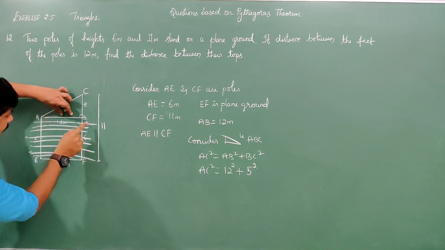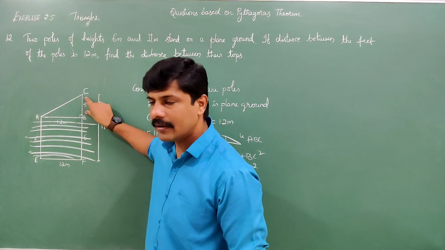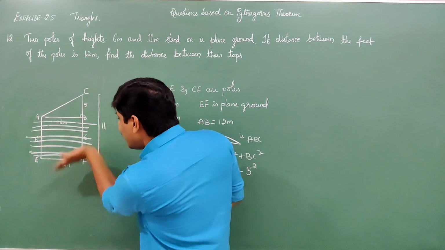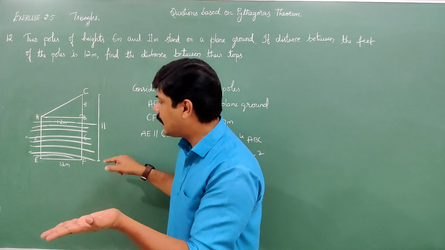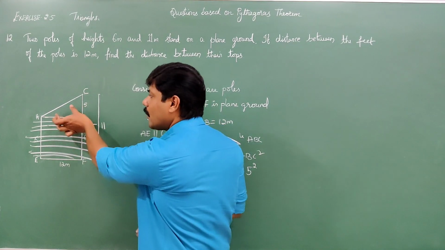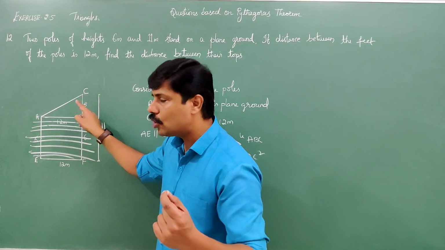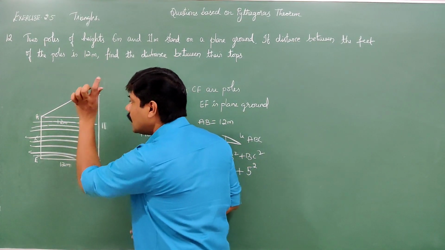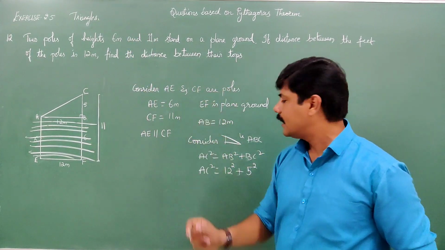Thus we have taken AB as 12 and BC as 5. Leaving this 6, since CF is 11 meter, we have left this BF. We don't want the 6 meter, and we have considered only 5, so that it forms a right angle triangle. From this right angle triangle we can find AC.